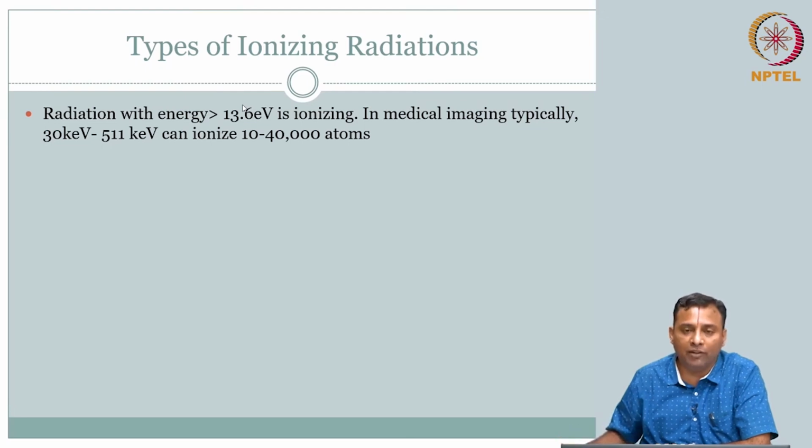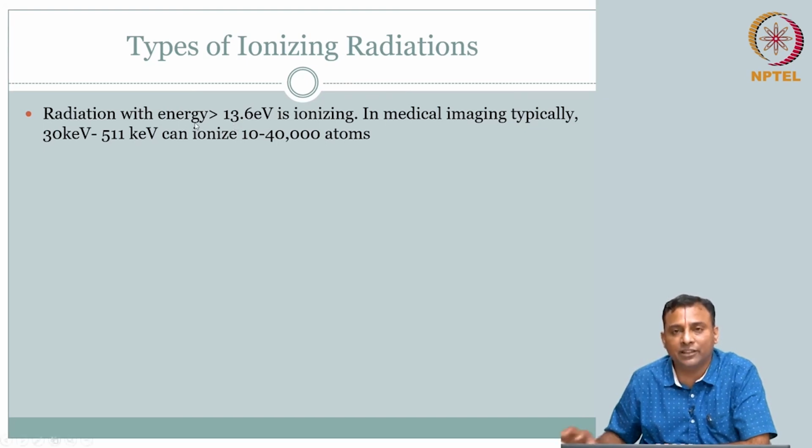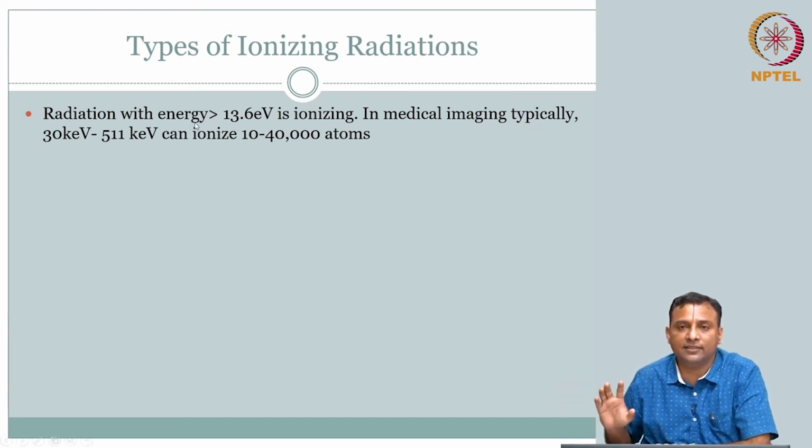So, for our purpose, any energy that you irradiate the body with which is greater than 13.6, the binding energy of hydrogen, which can cause ionization of hydrogen, we need to call ionizing radiation. Clear? In medical imaging we employ X-rays, ionizing radiations we talked about.